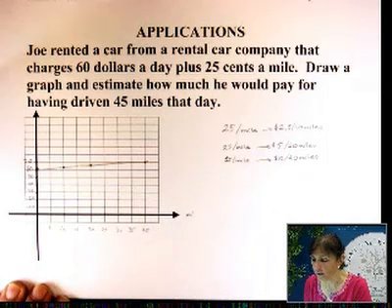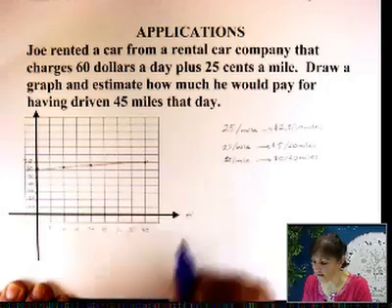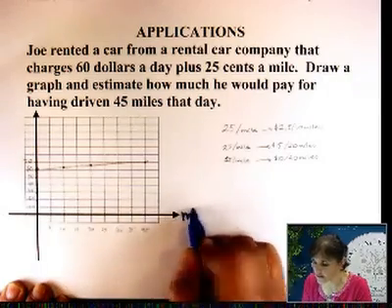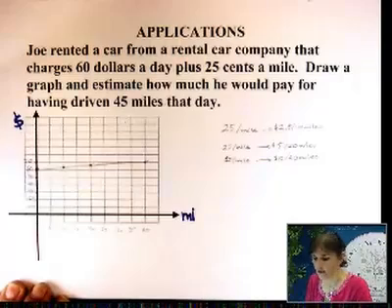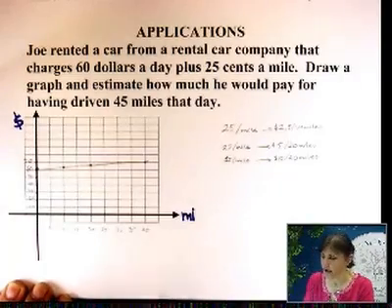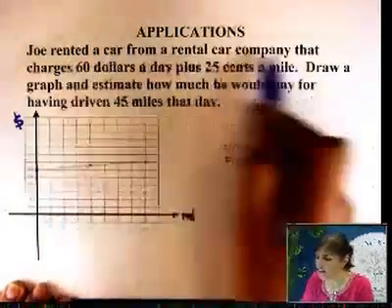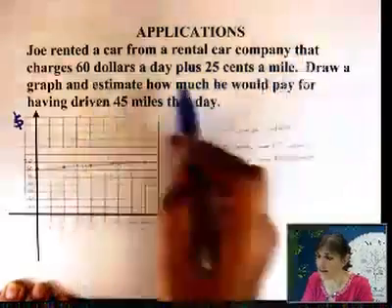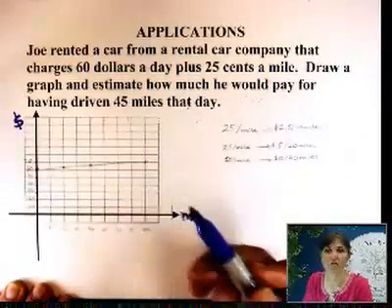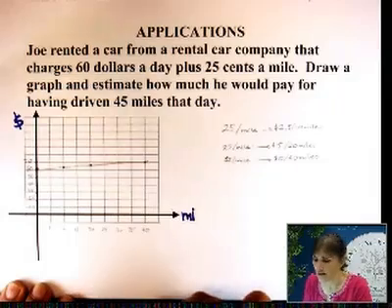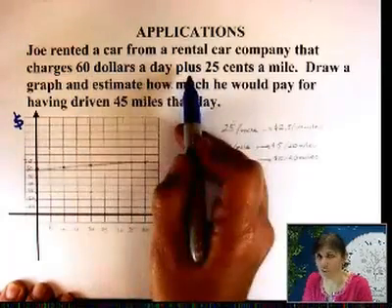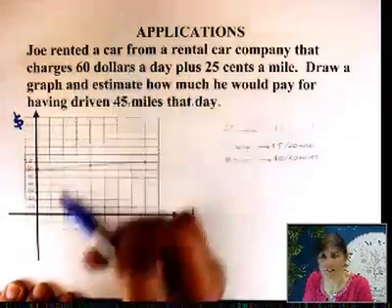So I have the dollars and I have the miles, so I'm going to have the miles on the x-axis and the dollars on the y-axis. That makes sense. So what am I given? He rents a car. He's going to pay $60 no matter what he does, even if he parks it in the garage. So if he drives nothing, he will still pay $60.